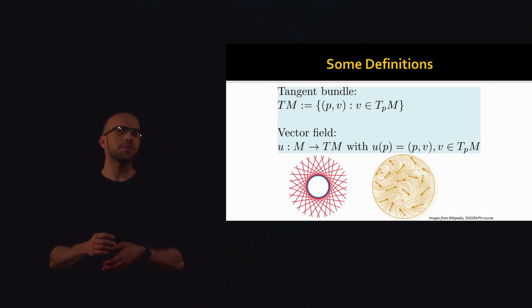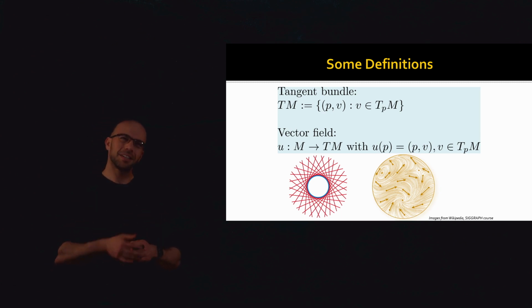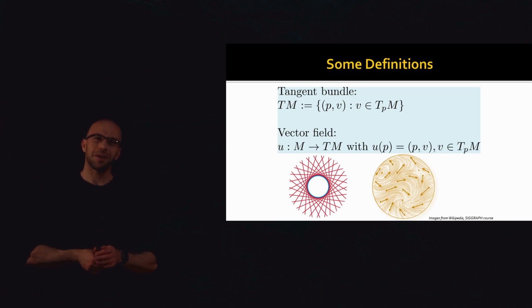So I think all of you could buy that this is a reasonable definition for a tangent vector field. It's basically what we would guess anyway, just after introducing this funny object called the tangent bundle. Essentially, what is a vector field? It inputs a point on M and it outputs a vector.